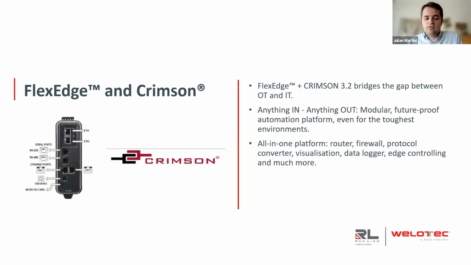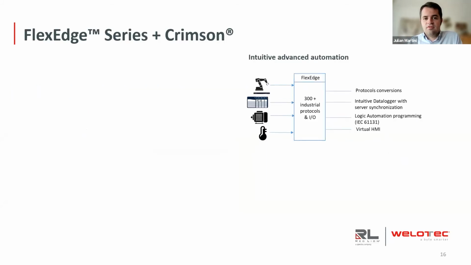So moving onwards, the FlexEdge, as such, the device comes with a software which is called Crimson. Crimson is our own automation software. The idea behind Crimson is to make it as easy as possible to configure IoT projects or automation projects. You don't need to program there.